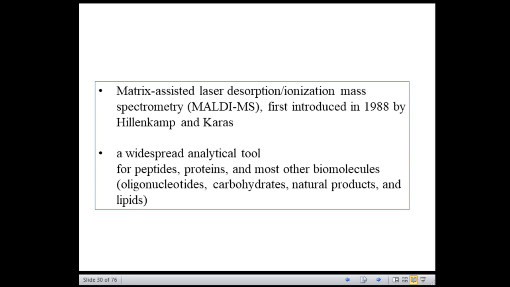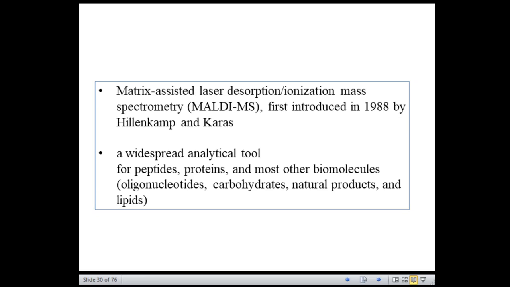So the matrix plays a strong role in absorbing the laser light energy and causing the analyte to vaporize, and it serves as a proton donor and receptor which act to ionize the analyte.